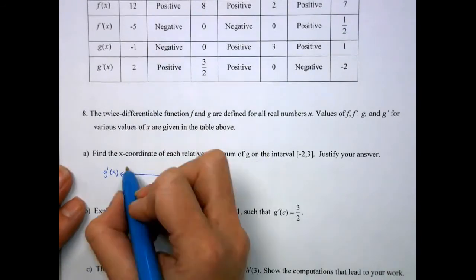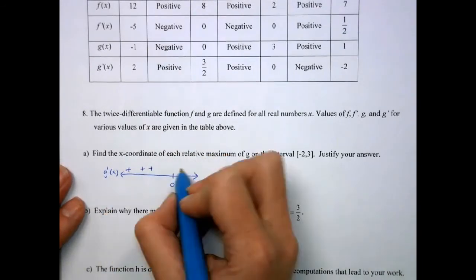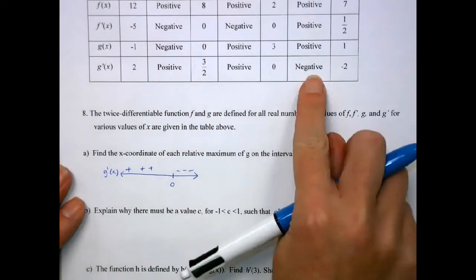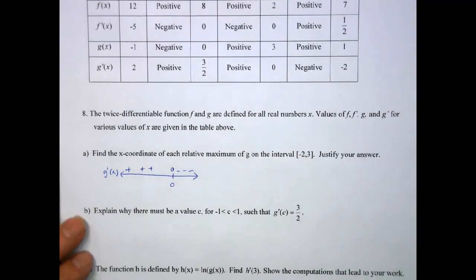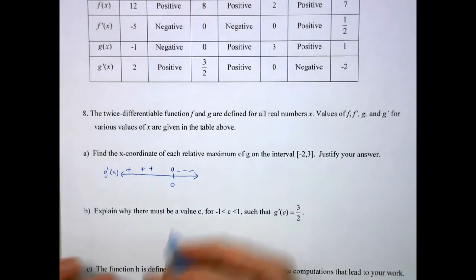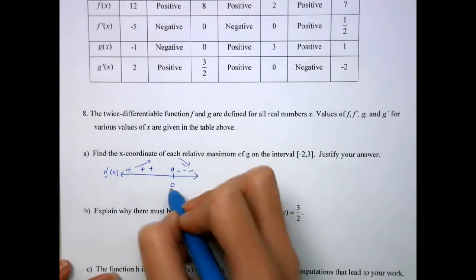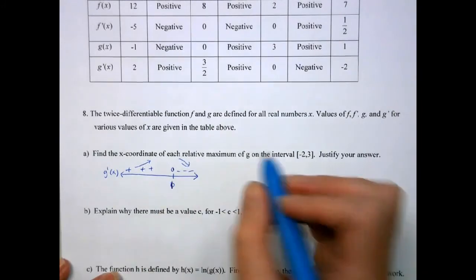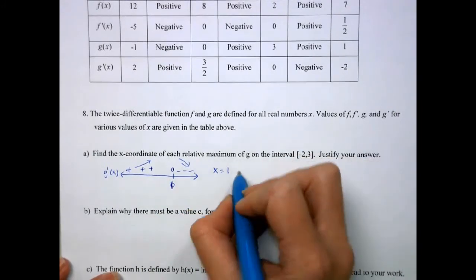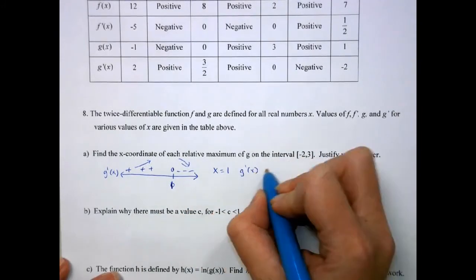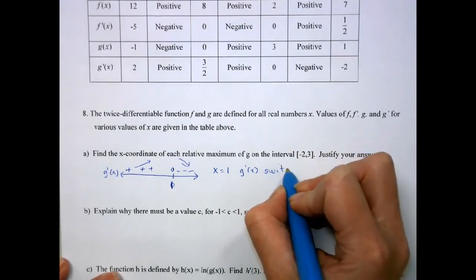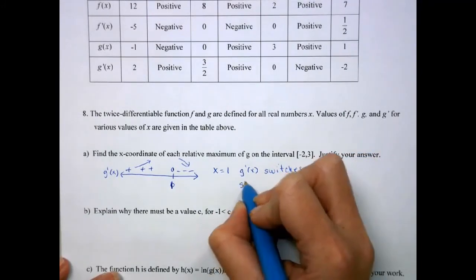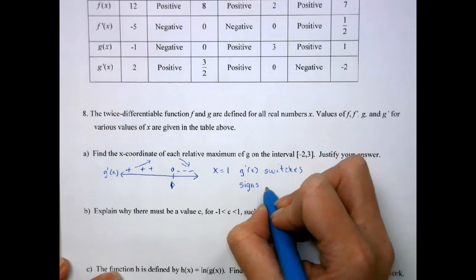After that, it's negative. So the x-coordinate of any relative maximum is going to be at x equals 1, because g prime of x switches signs from positive to negative.